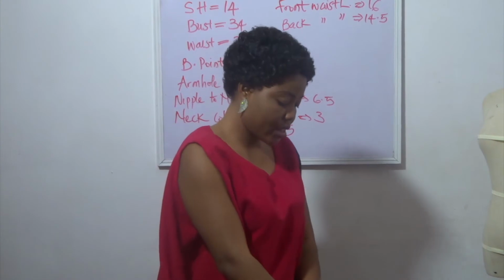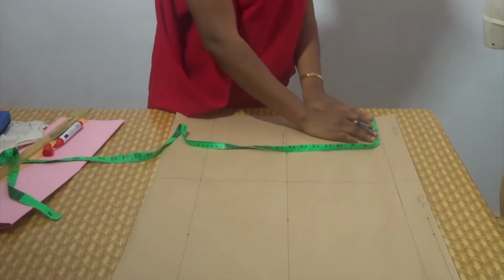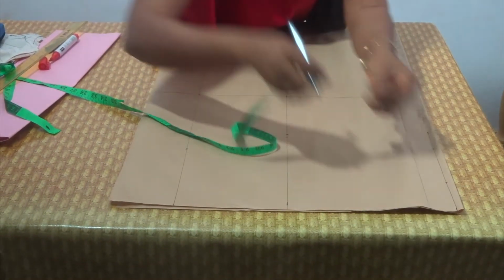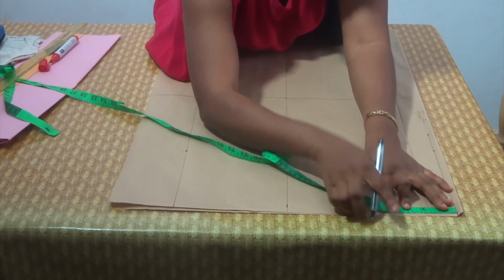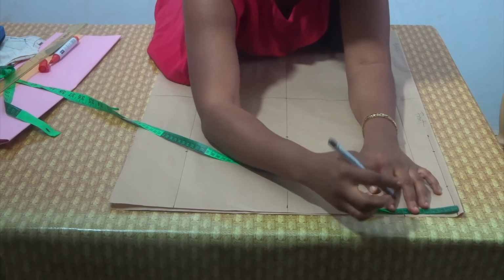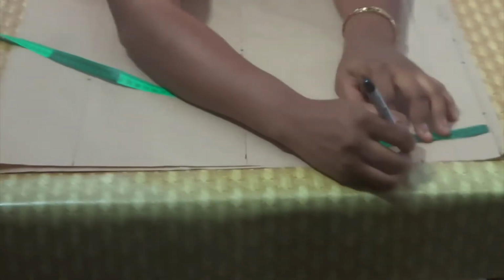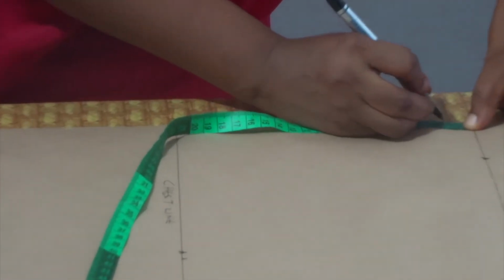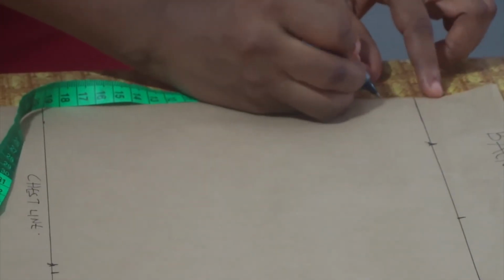So our neck width is 3 inches. Measure the 3 here, measure the same 3 here. Measure 3 for the front, so here, but add 1 centimeter, not 1 inch, 1 centimeter. This one for the back, just go down by 2 centimeters. Connect the lines.